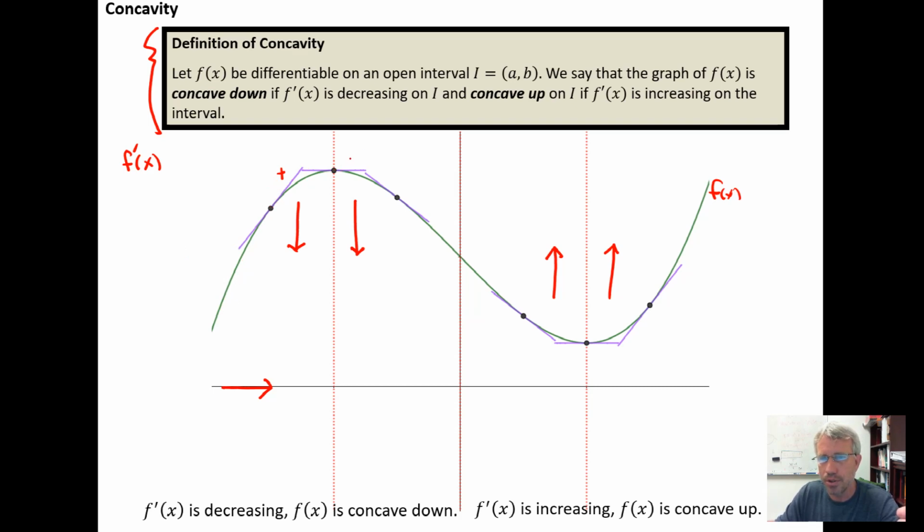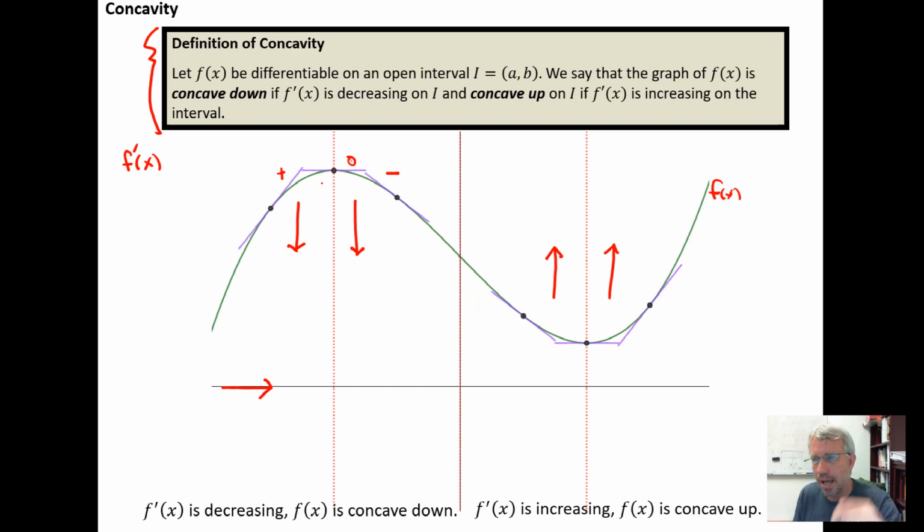And here the slope of that tangent line is 0. And then as I sweep through to the other side, now I have lines that are downhill in orientation. So those slopes are negative. So the tangent lines are changing in this concave down region from positive to 0 to negative.